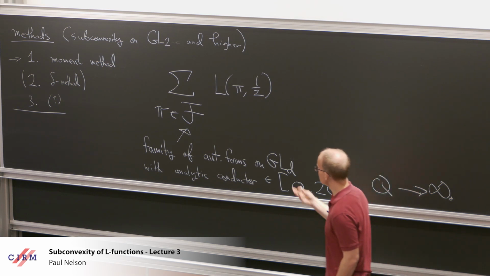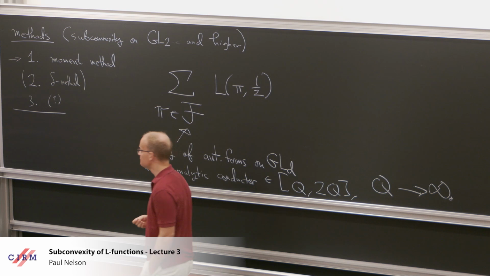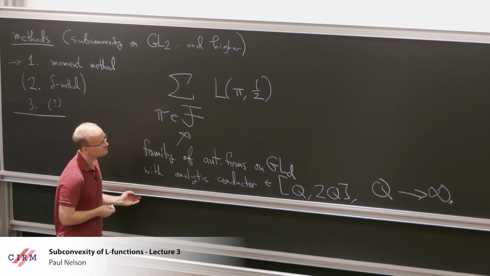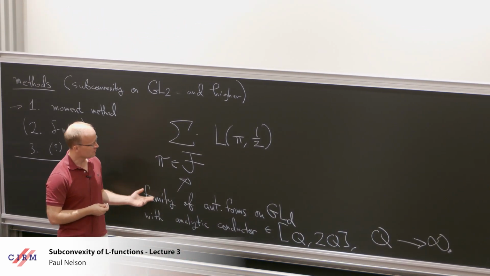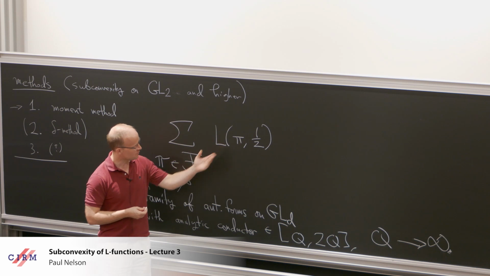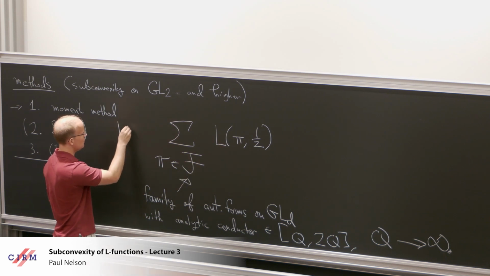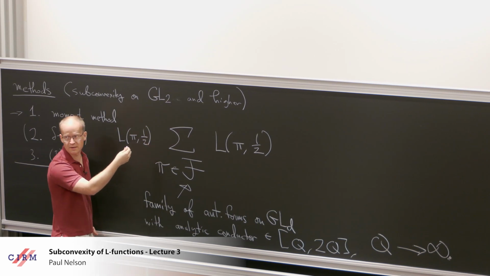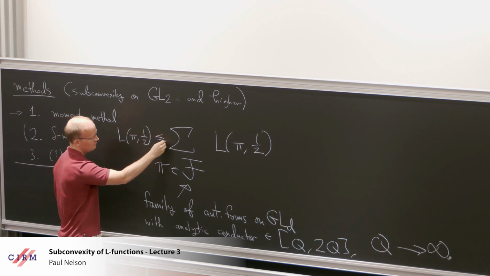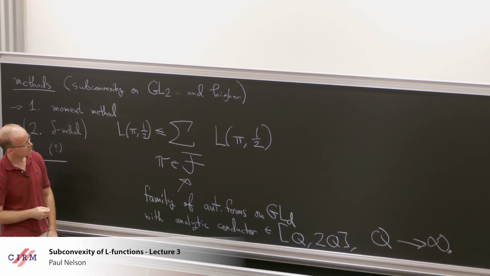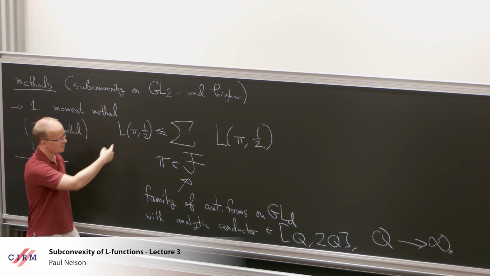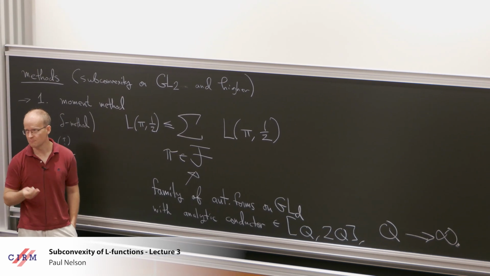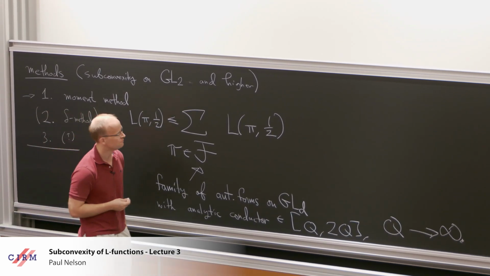And then we try to estimate something like this. Usually we want the things that we estimate here to be non-negative so that we can do the trick that Philippe already mentioned yesterday, where we bound an individual summand by the sum of all of the summands.